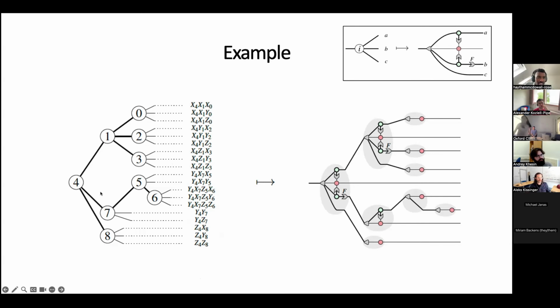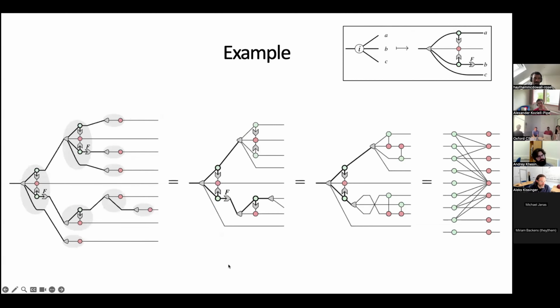You can see these shaded blobs around these parts correspond to the nodes of the tree. By replacing each node in this tree with this ZX diagram, what we get is a big old tree of ZX diagrams, which we may simplify. Let's do it. We simplified it earlier.